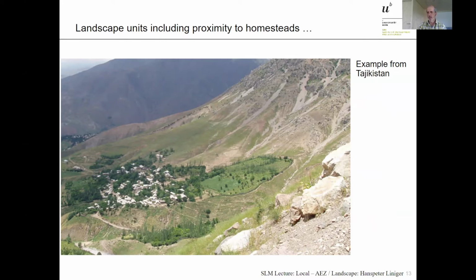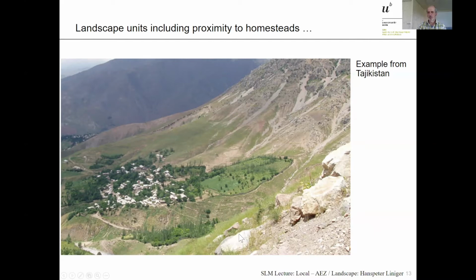Now, we are asked, let us look at land degradation in that area, potentials for improvements, implement good land management practices. It's a landscape, it's on a certain slope here in the mountains. It's within an agroecological zone, but we need to differentiate further in terms of landscapes.